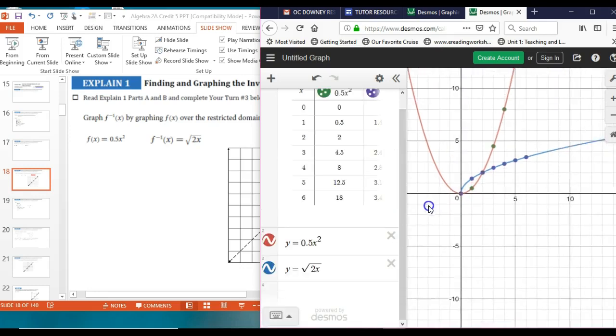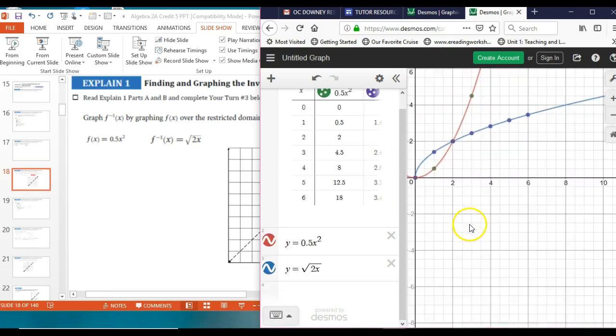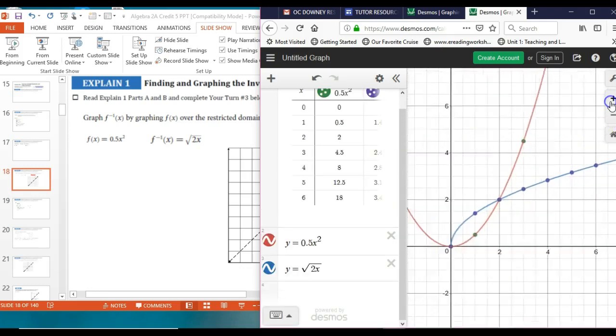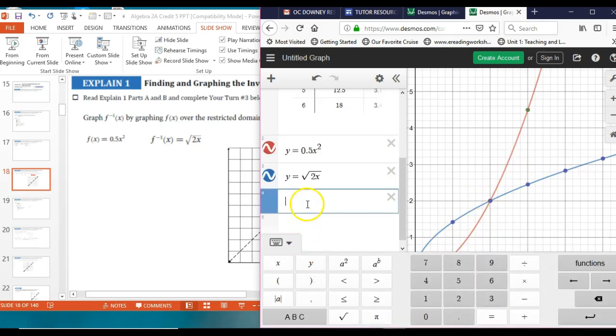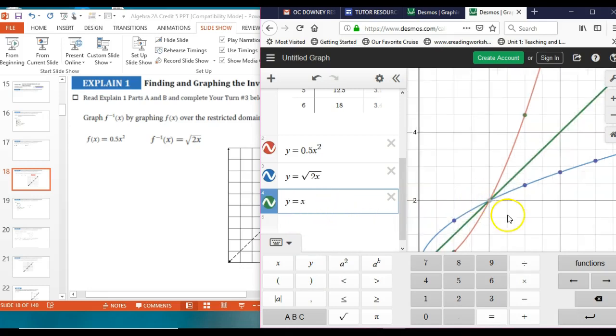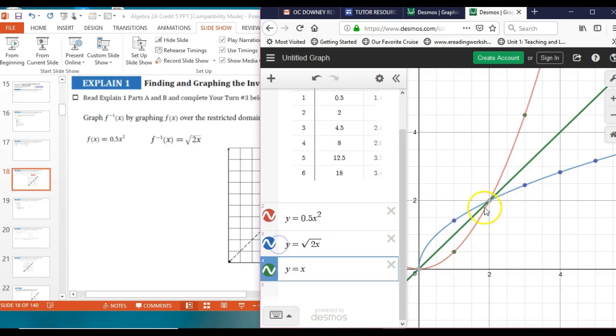Oh, and since we're restricting, I'm going to zoom in. That's a nice function as well, zooming in, zooming out. So we can see that they do actually mirror each other over our equation y equals x. They do actually. Let me minimize that keyboard.